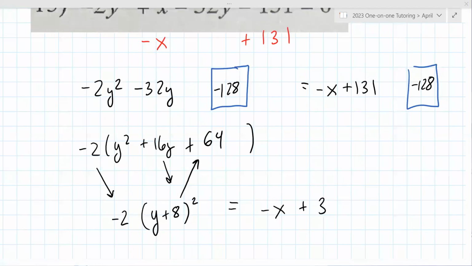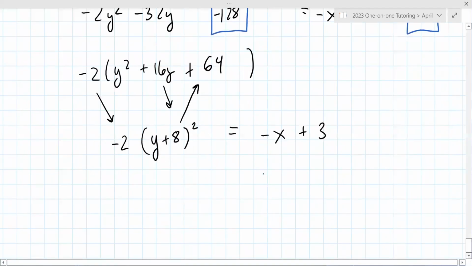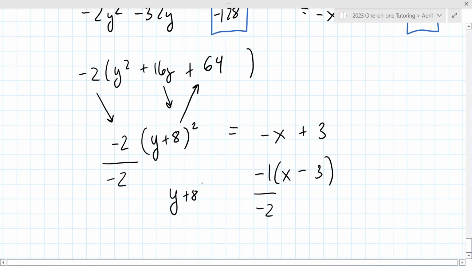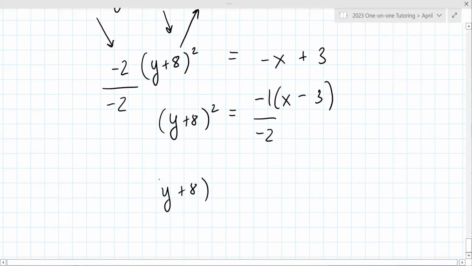Okay, there, let me share that. All right, and then let's let that load up here. Okay, and then you need to move this minus 2 over and divide by minus 2. So it ends up being (y plus 8) squared equals 1/2 (x minus 3).